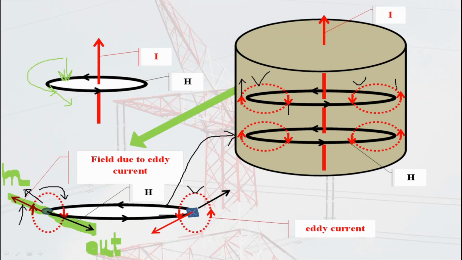So from this we can conclude that as we move towards the center, the eddy current opposes the main current, and as we move towards the surface of the conductor, the eddy current aids the main current. That's why current increases as we move towards the surface of the conductor, and this will happen only in the case of alternating current. So this is a very unique way to explain the skin effect.